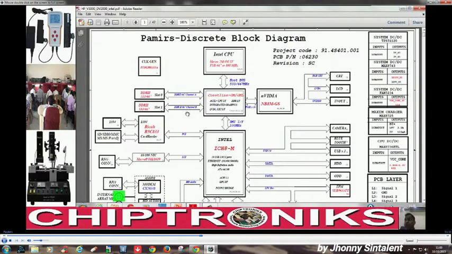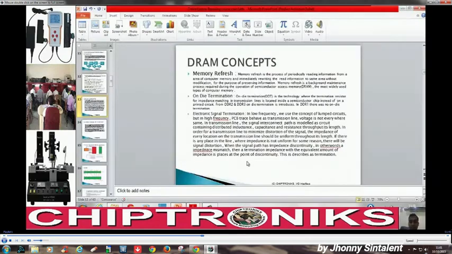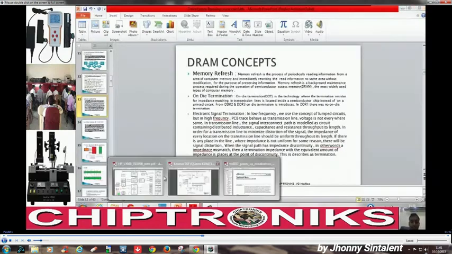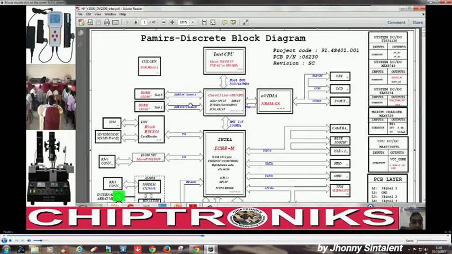There are differences in voltage, right? So we have to consider this as a transmission line.